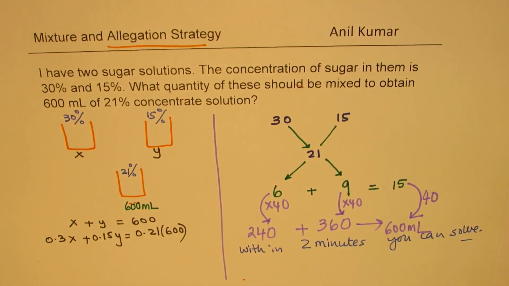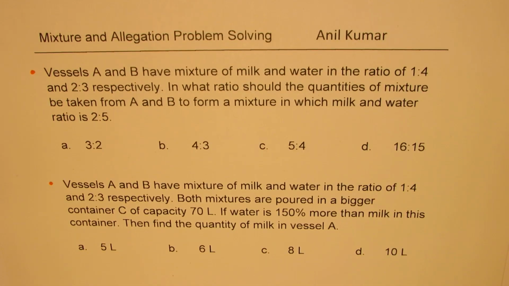I hope that helps. In the solution of this question, I'm going to give you a few concepts about a shortcut method of solving problems related to mixtures, which is also known as the allegation method. So what I've done here is taken 2 related questions.